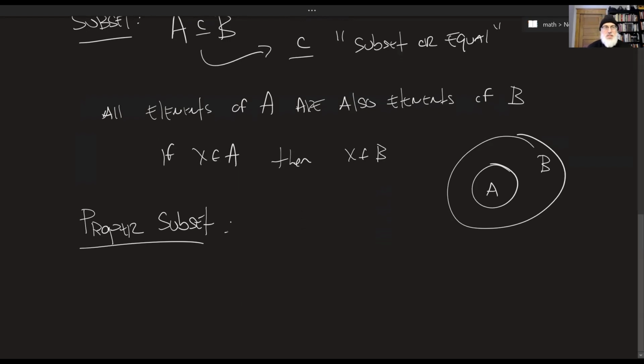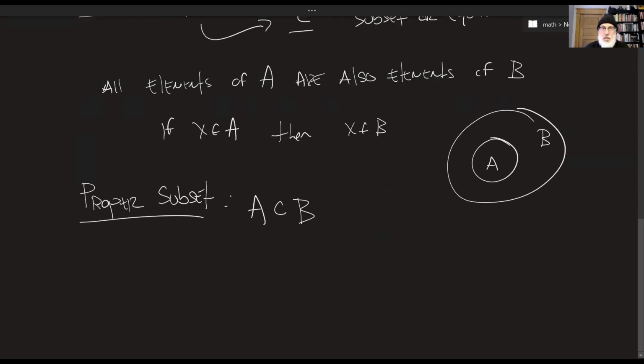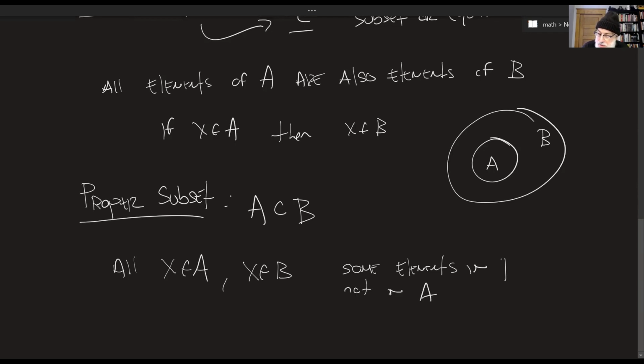But when we know that a set, like in my diagram, A is contained in B, we can see that there are possibly some elements in B that aren't in A. This is the condition where we say A is a proper subset of B. That means that there are some elements in B that aren't in A. So while all elements x in A will be in B, there might be some elements in B that we know are not in A. Now, the distinction here is maybe not so apparent.